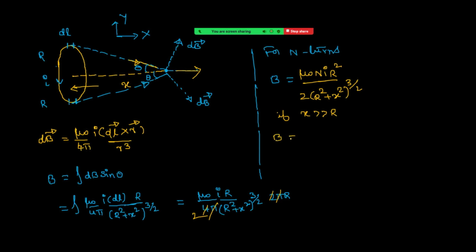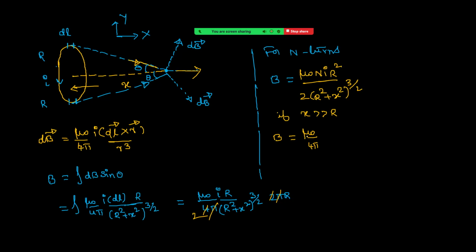B equals, x very large means r square plus x square becomes only x square power 3 by 2, which becomes x cube. So μ0 n I r square by 2x cube.